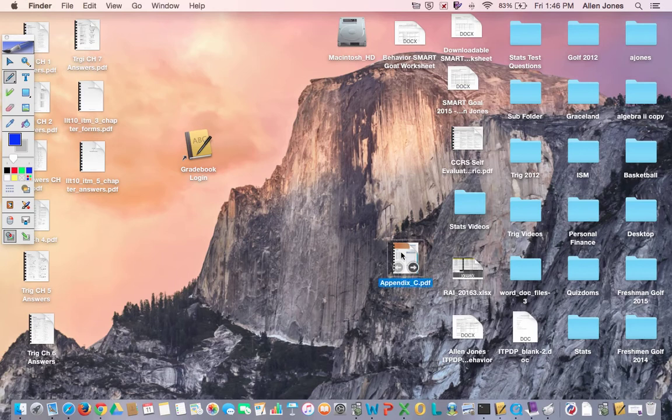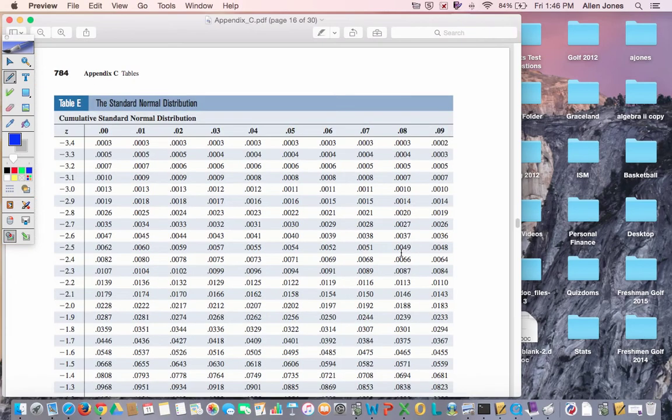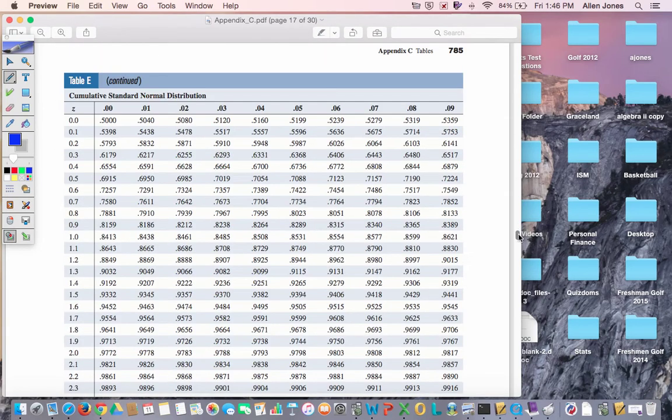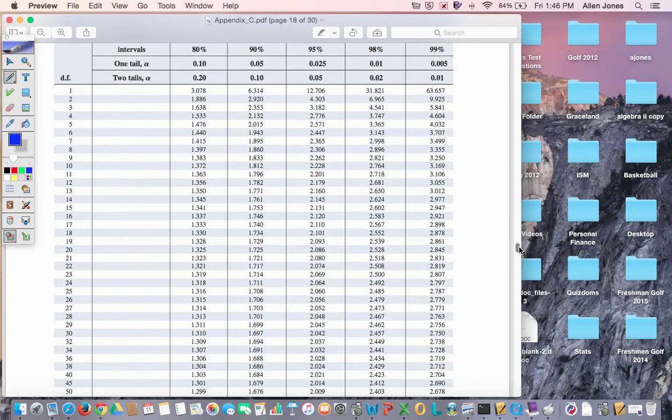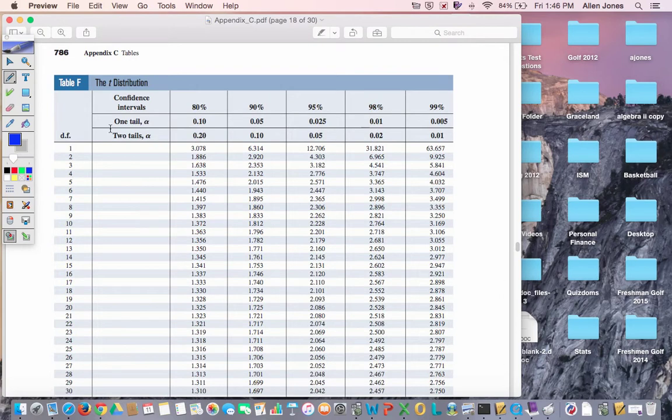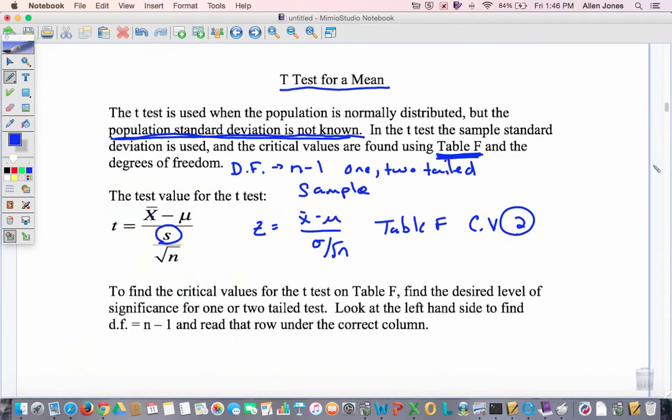But table F, as you look at it, I'll scroll down so we can see it here. Table F has columns up here for a one- and a two-tailed test. So we don't have to worry about dividing alpha by 2. We simply need to know whether we have a one- or two-tailed test. That will allow us to look up what column to use for our alpha, along with our degrees of freedom along this side. And then everything is very, very similar from there.